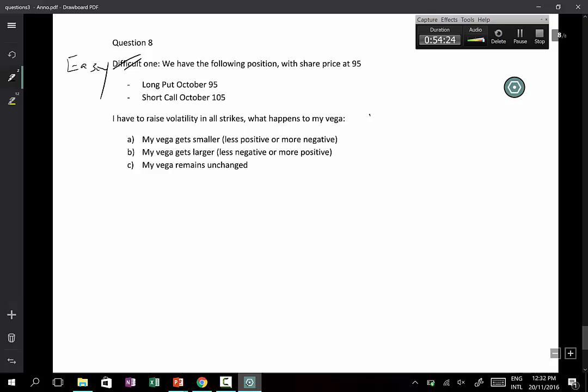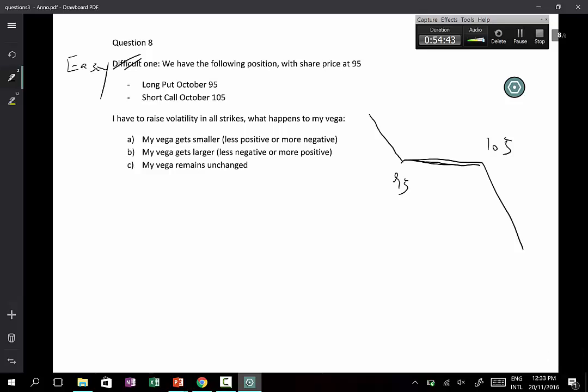So you're long a put at the money, 95, and then you are short a call at 105, which is actually quite far away from the money. Now it's almost like 10%. Okay, and you raise your volatility for all strikes. What happens to your vega?